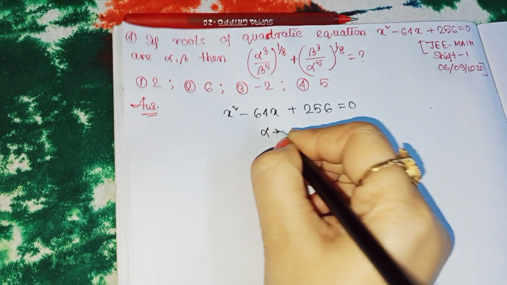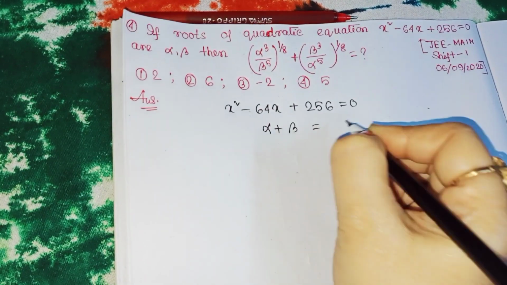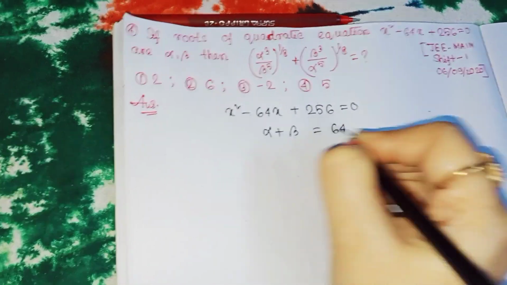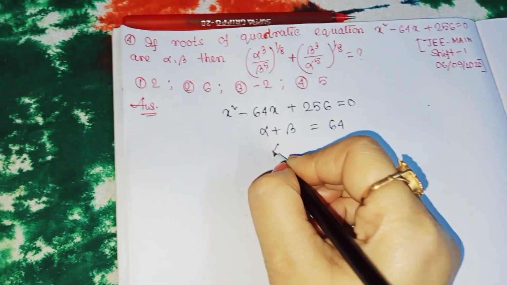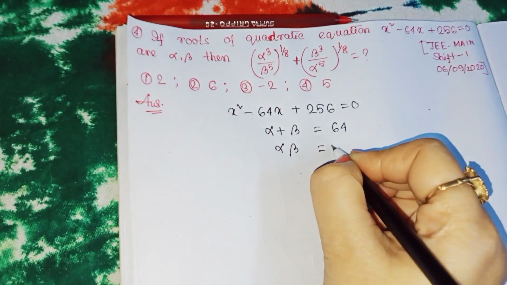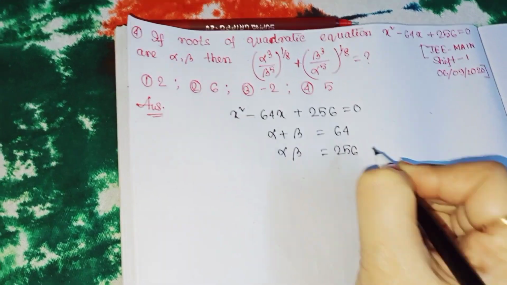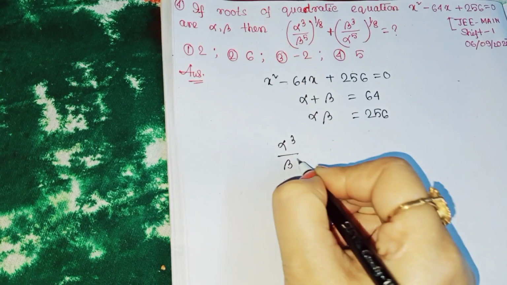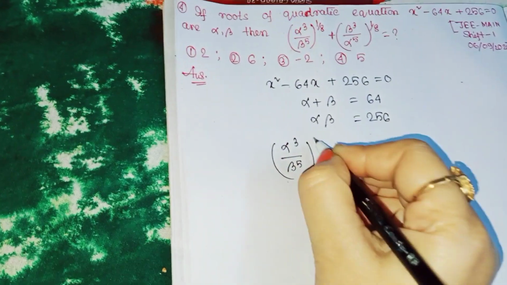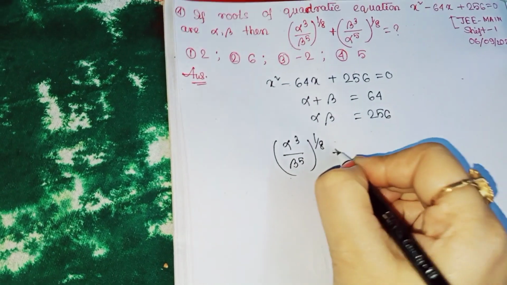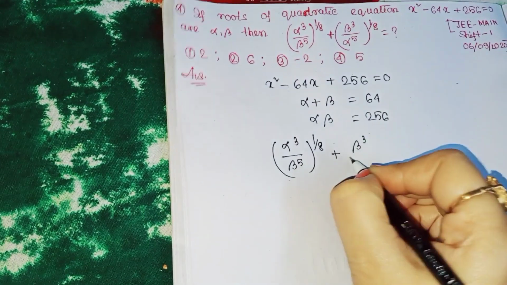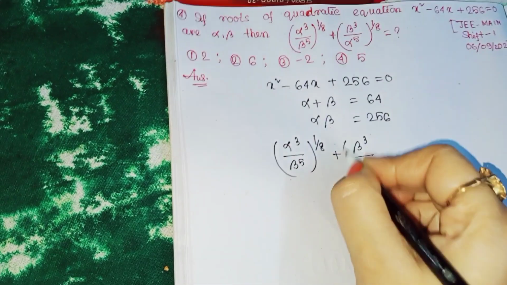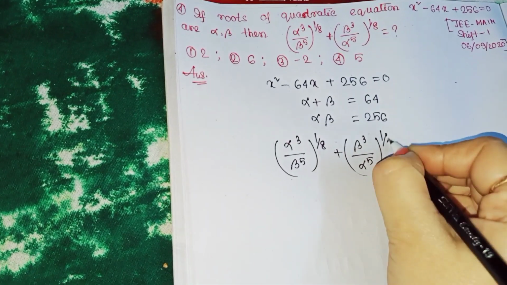So the sum of these roots is equal to minus b by a, that is 64, and the product of the roots is 256, c by a. Now the given expression is (alpha cube by beta to the power 5) whole to the power 1 by 8 plus (beta cube by alpha to the power 5) whole to the power 1 by 8.